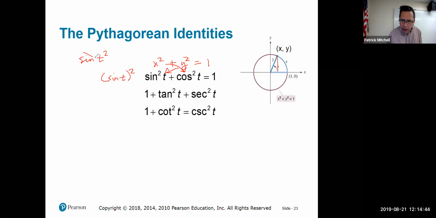So this is not what we're talking about, and that's something you don't see very much. Sine squared t plus cosine squared t equals 1 is a super important identity. You're going to want to know that inside, outside, in your sleep.